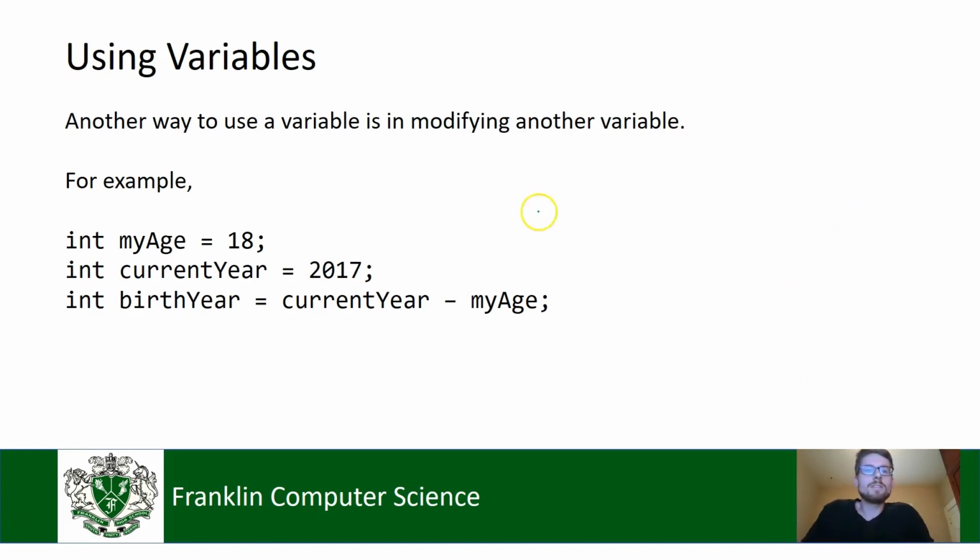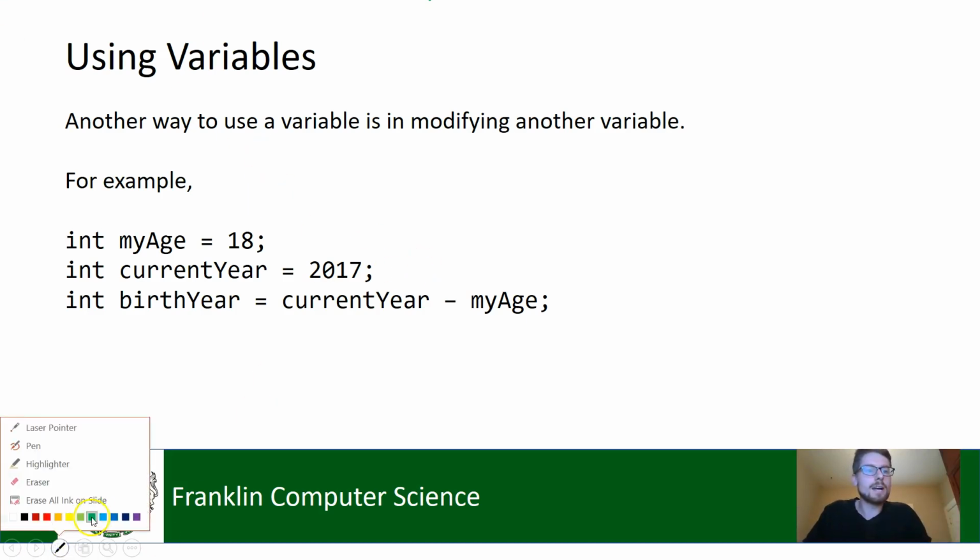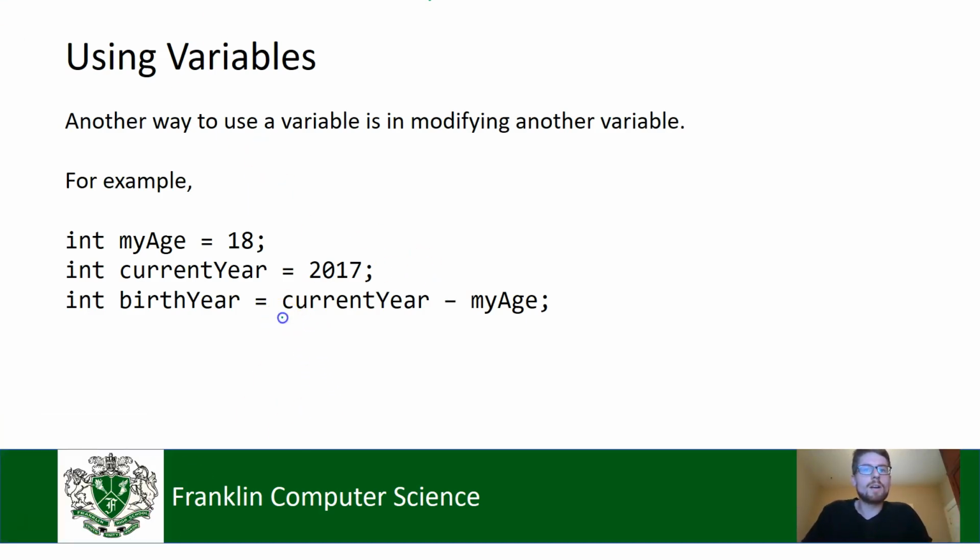This is going to work exactly as you might expect, where current year is equal to 2017 and my age is equal to 18. We're going to replace this with 2017 and replace this with 18, then do the calculation and save that into birth year.